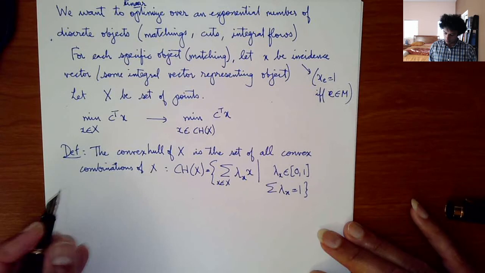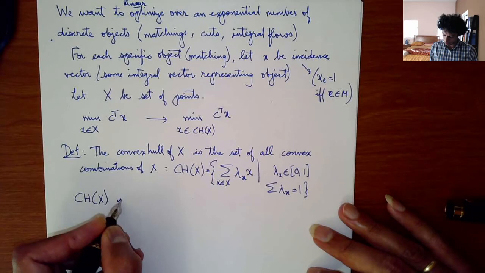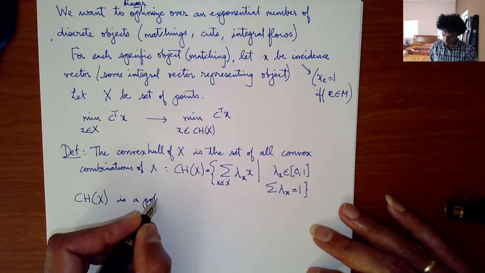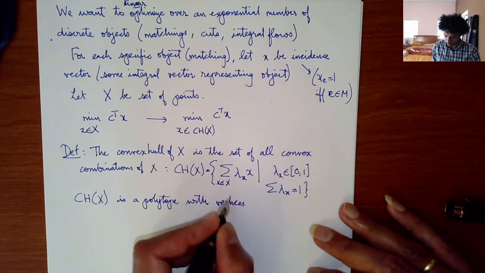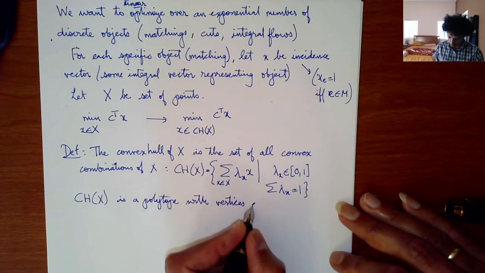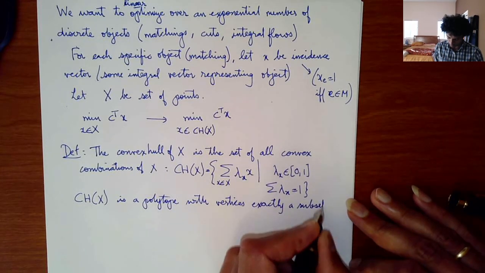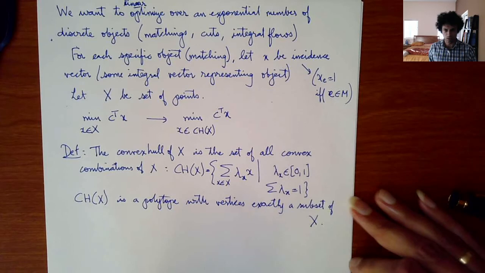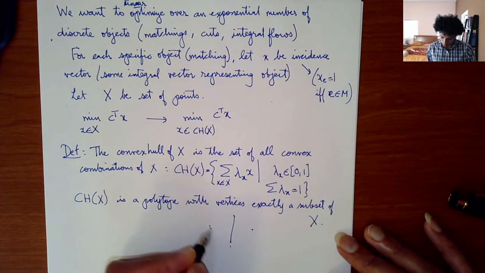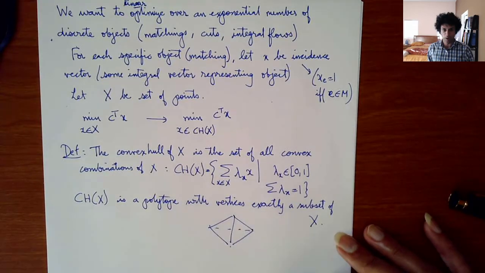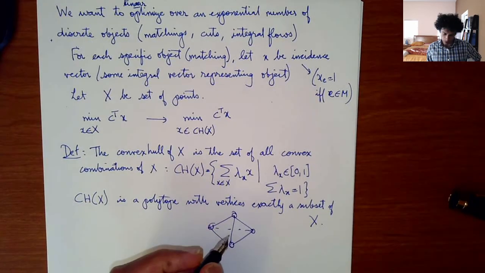What you can argue is that the convex hull of X is a polytope with vertices exactly a subset of capital X. This is just looking at the geometry. To draw a little picture, the convex hull of these points in 3 dimensions is this 3-dimensional object, so it gives you a polytope.